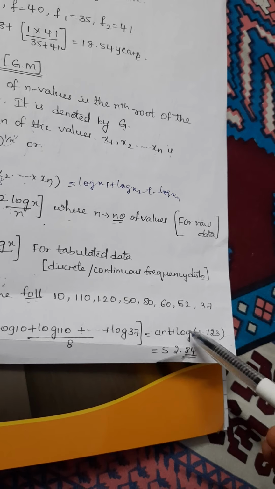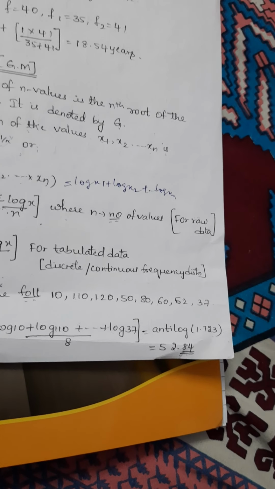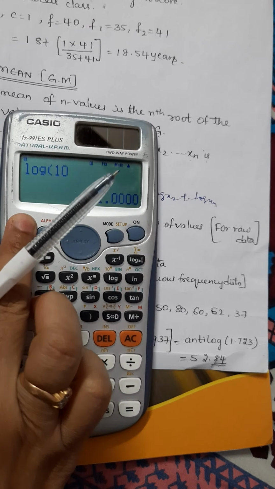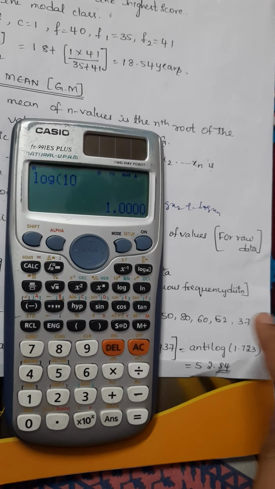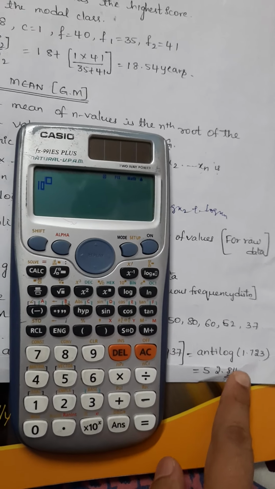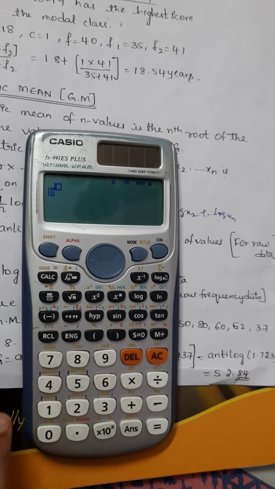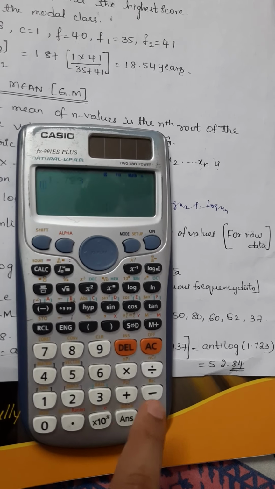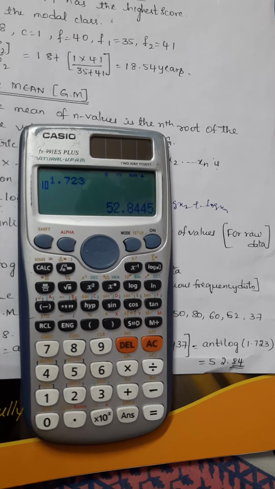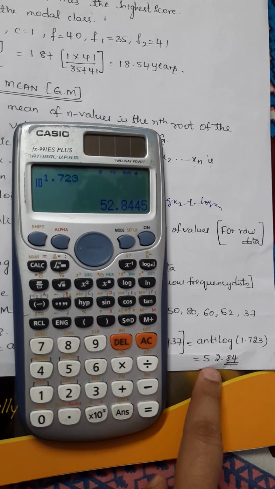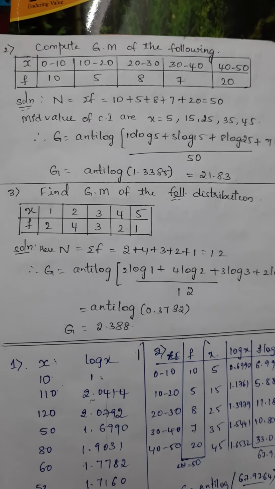Even this anti-log can be calculated using the calculator. I'll show you how. Press shift log, that will be antilog. Antilog of 1.723 is equal to 52.84. This is how you should calculate antilog of 1.723.